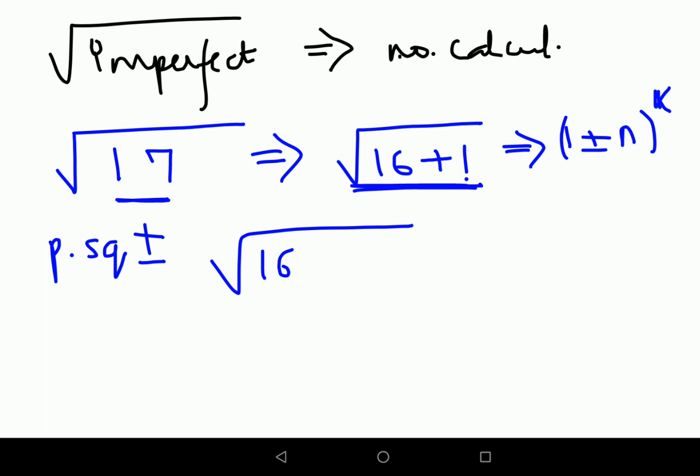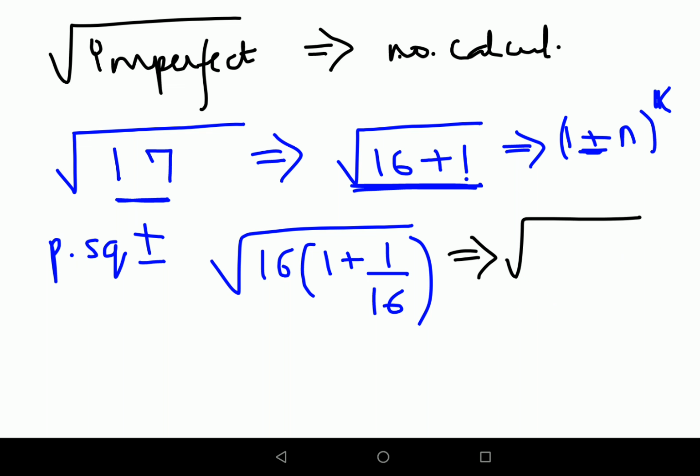I'm taking 16 common, so I'll be left with 1 plus, again there is a plus sign, so there is no need for minus in this question, and when you take 16 out, you get 1 upon 16. For those who did not understand what I did, multiply 16 inside the bracket: 16 into 1 gets you 16, plus 1 upon 16 into 16 gets you just 1. So I am getting back to my original step.